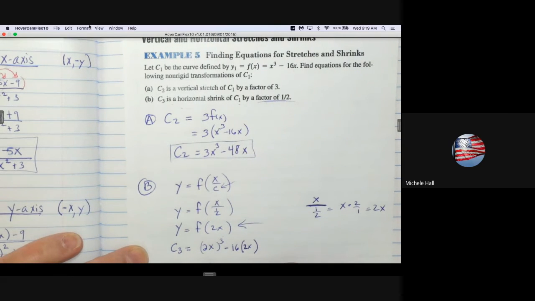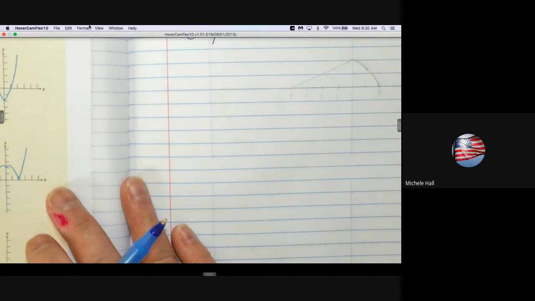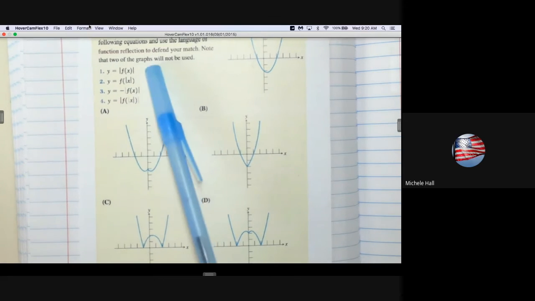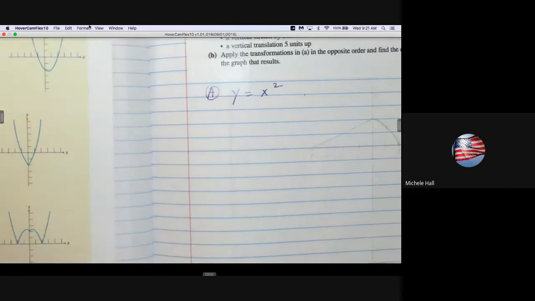We get 2 cubed is 8, and then x cubed minus 32x. If we have time, we will go back and talk more about this. If you're wanting to fill this in, you could just use your graphing calculator. We're going to keep going here.